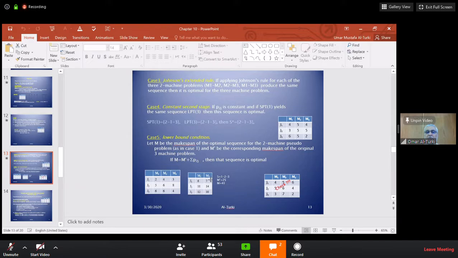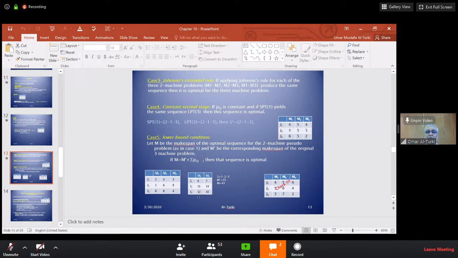Now, if you find the makespan for this problem using the sequence 1, 2, 3 coming from here, Johnson will give us 1, 2, 3. Now, if you find the makespan for the sequence 1, 2, 3 on the original problem, that turns out to be 25.